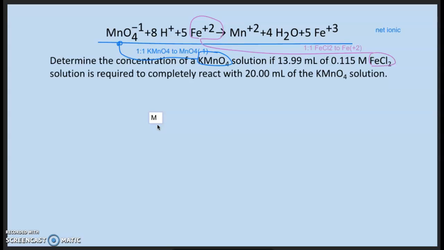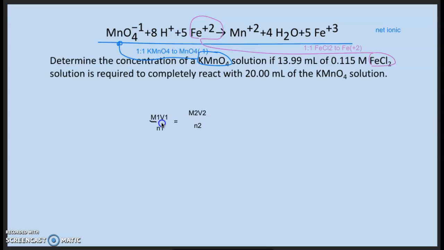Molarity of 1 times the volume of 1 over the coefficient for 1 is equal to molarity times volume divided by the coefficient for the second item.